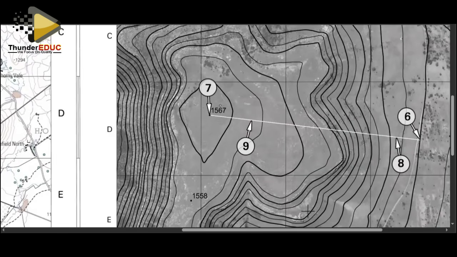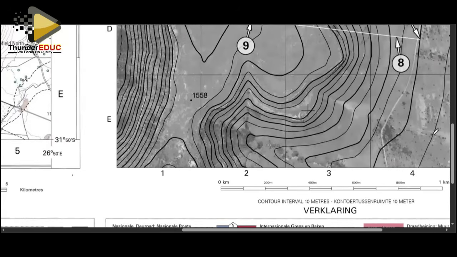Right, 7 is here. Our height is 1,567. This is in meters. And this is 7. And then 6. 6 is an index contour line. How do we find out the height of that particular contour line? We are supposed to check around and try to figure out what the height is.